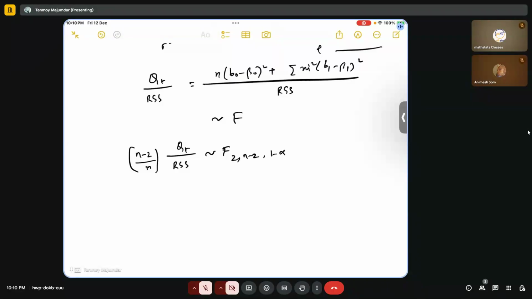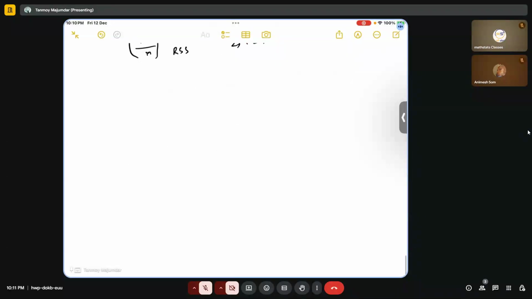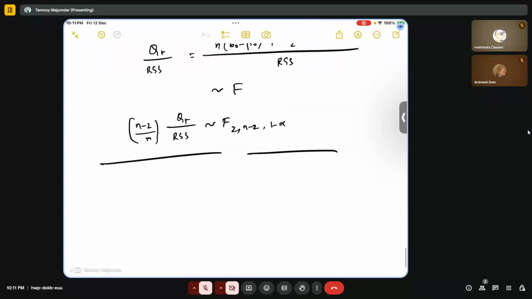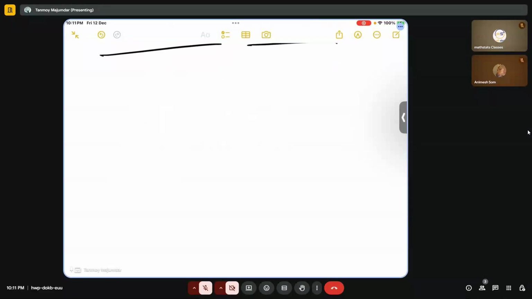It will be an ellipse. If you try to draw it, like our normal distribution, it will come as an ellipse. This is a bit out of scope so far, but we should acknowledge the joint distribution or joint confidence interval of beta naught and beta 1.